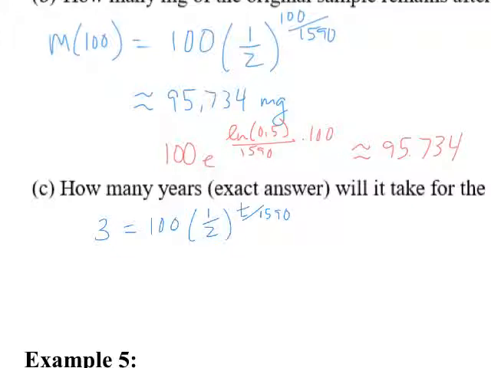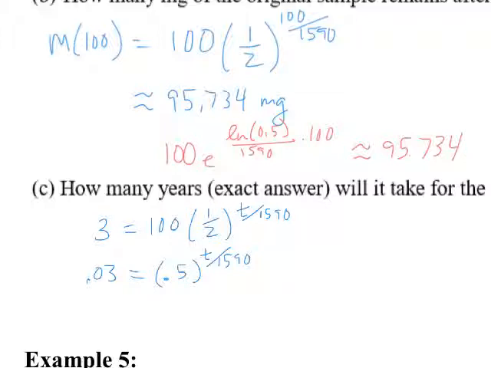And this is not the only approach, but I think this is the easier equation, so it's the one that I prefer to use. If we divide the 100 across, we get 0.03 equals, I'm going to write this in decimals, 0.5 to the t over 1590.